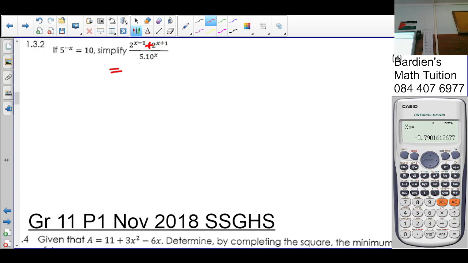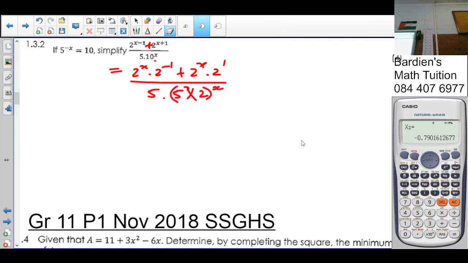That will be 2 to the x times 2 to the minus 1, plus 2 to the x times 2 to the 1. Break 10 up into a product of factors: 5 times 2, which gives you 10 to the x. This is going to give you 5 to the x times 2 to the x.